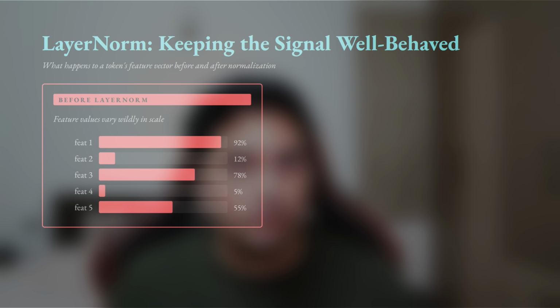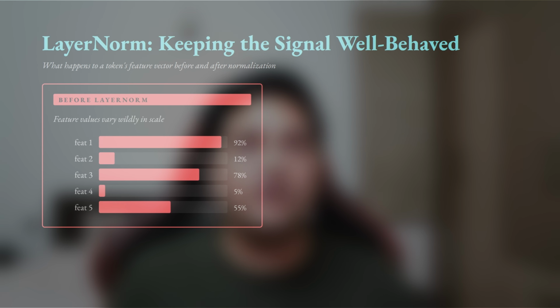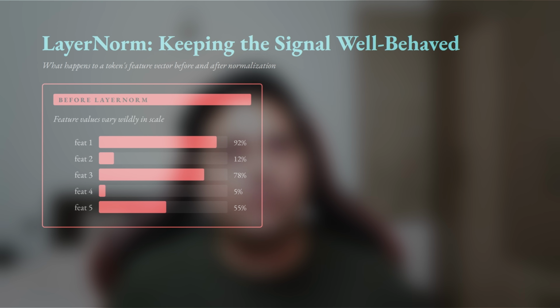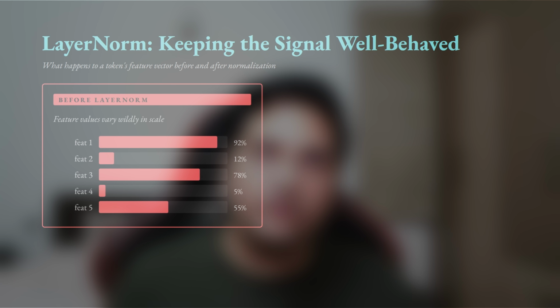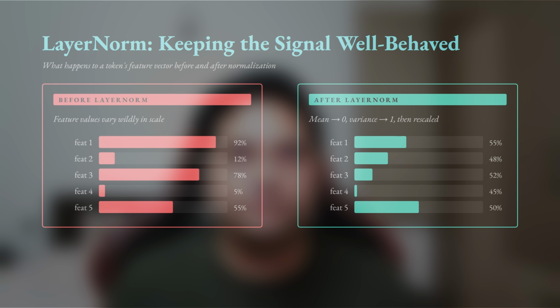Notice also that the bars are trembling. That trembling represents the instability of these values as training continues. Features at widely different scales produce gradients of widely different size, which makes the learning process chaotic and slow. Layer normalization exists specifically to correct this.